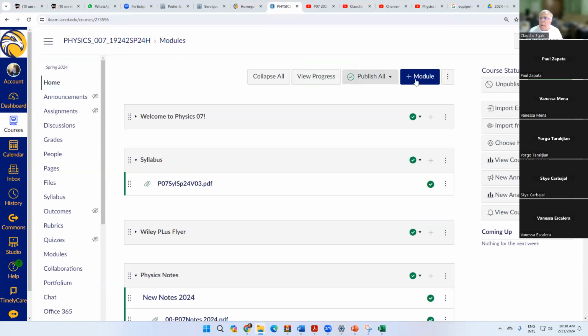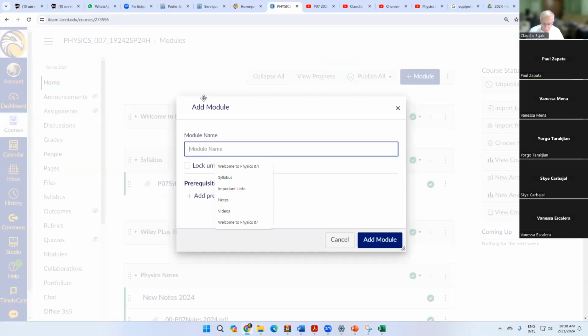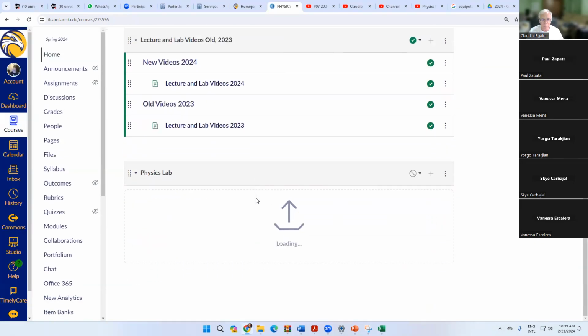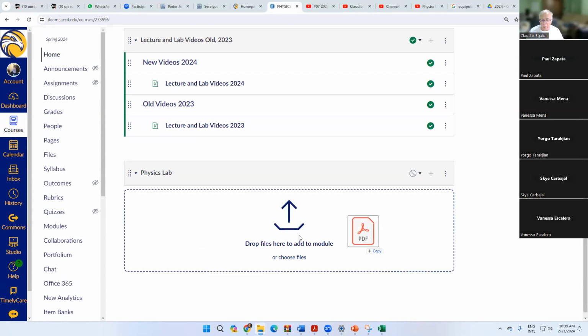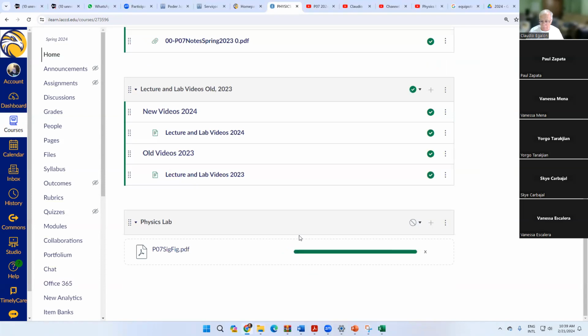I'm gonna create a new modules lab. Add modules. Okay, and I'm gonna change it to P07. P07 significant figures. You go. You're going to need that, and I'll let you know exactly what it's all about.